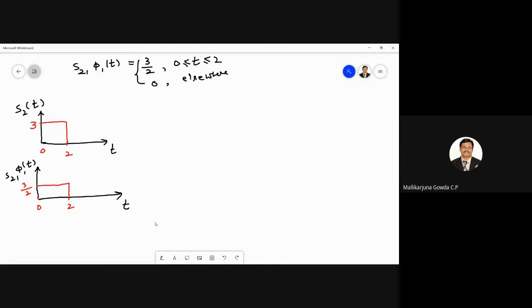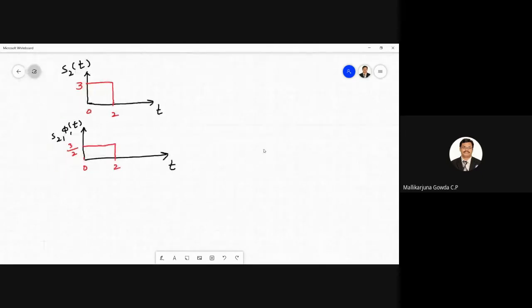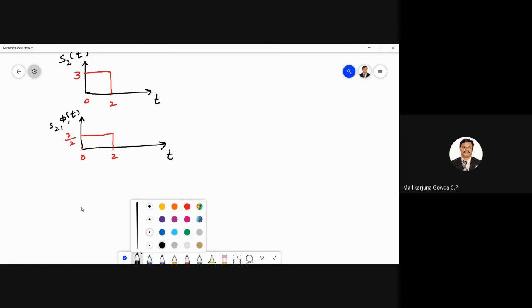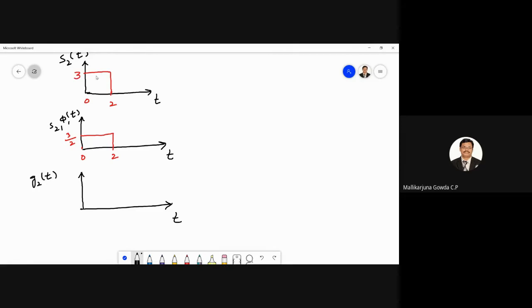So what is G2 of t? I just slightly move up. Hope it is clear. The next one is, I wanted to find G2 of t, right? It is the subtraction of these two, which is G2 of t equals S2 of t minus S21 pi 1 of t.